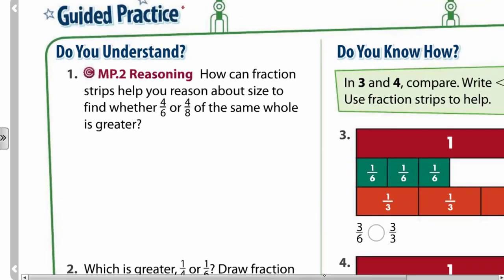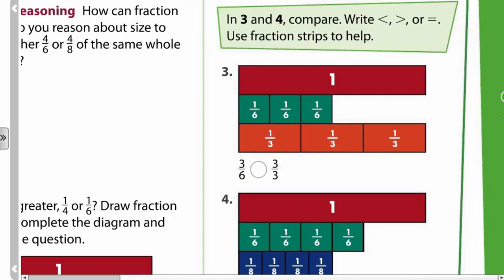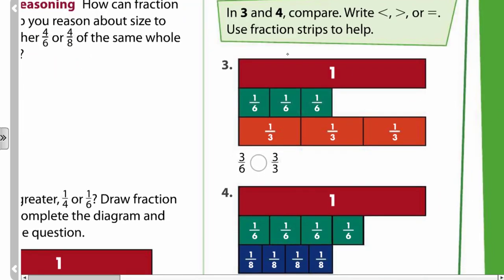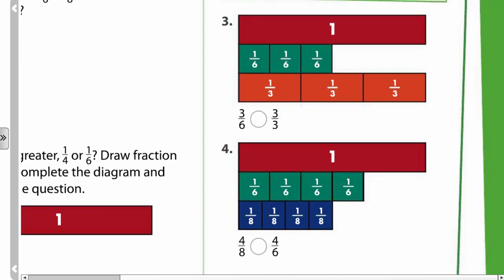And we'll start with question number 3. We need to compare the two fractions. We have drawings for the fraction strips. Okay, Khalid? Go ahead. In question number 3.